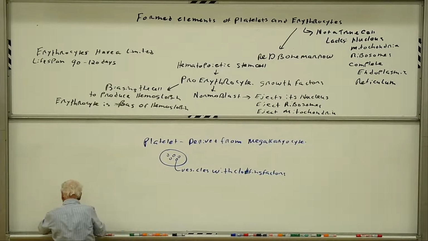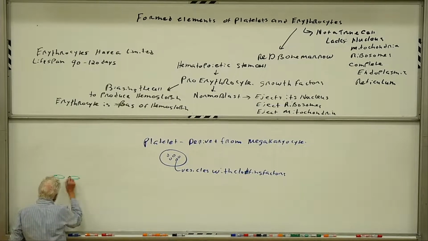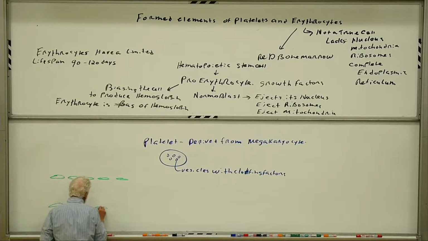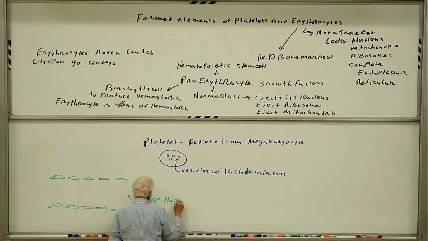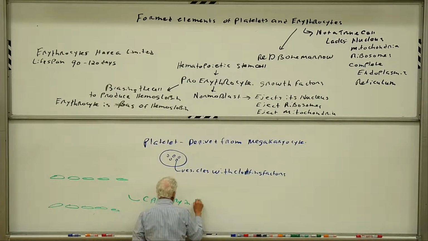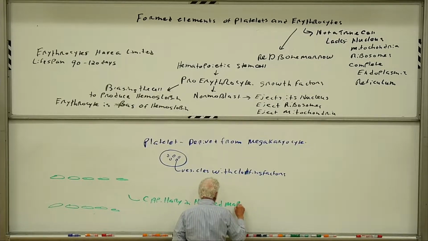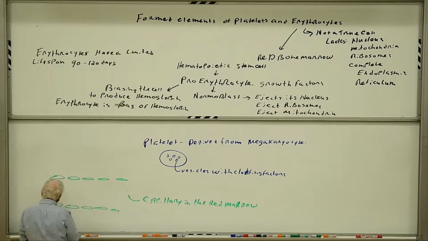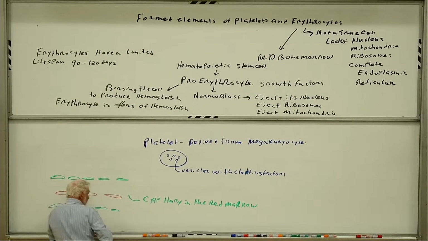And where they come from in the last couple minutes is that there are going to be capillaries. This is meant to be a capillary in the red marrow. And then there will be erythrocytes flowing through the capillaries.